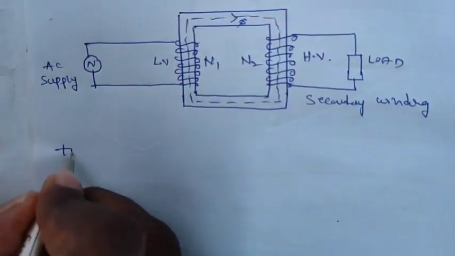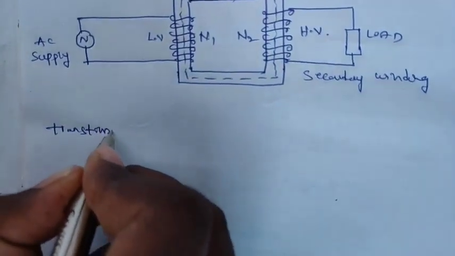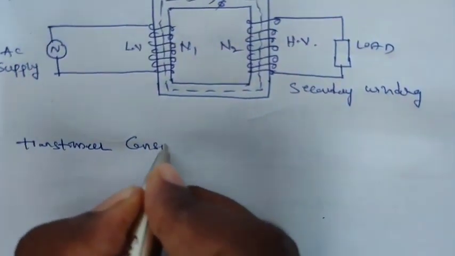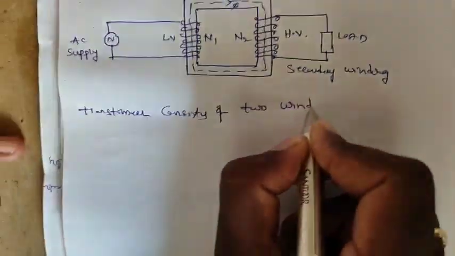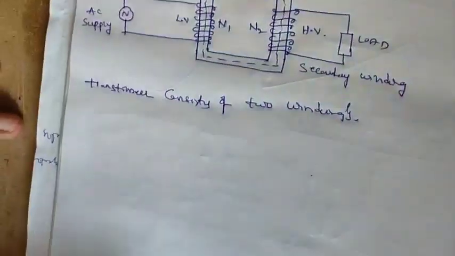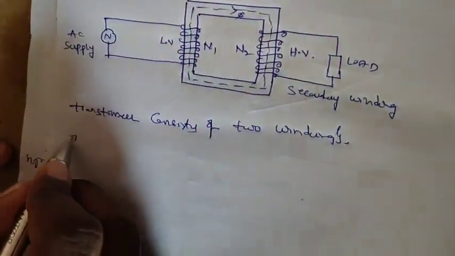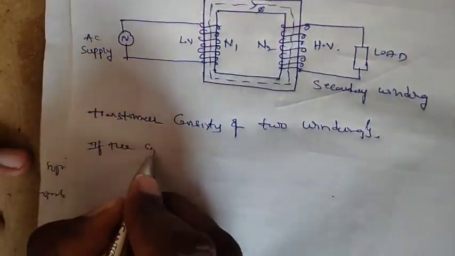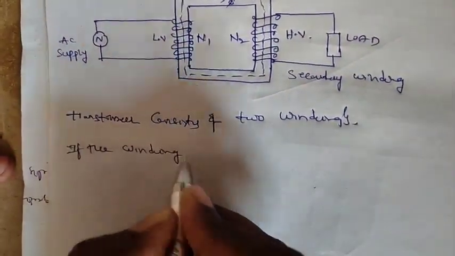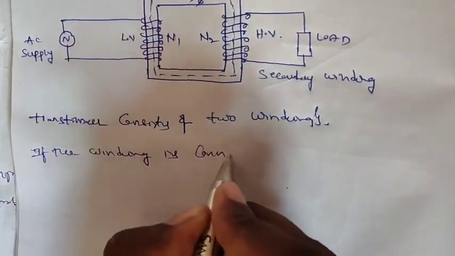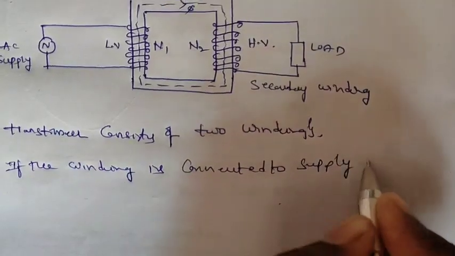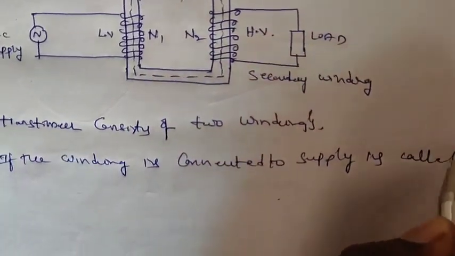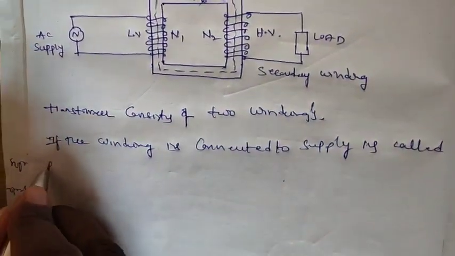The transformer consists of two windings. If the winding is connected to supply, it is called the primary winding.